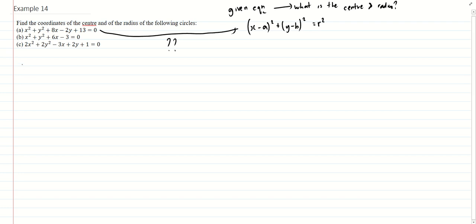So let's take a look at part A itself. We have x square plus y square plus 8x minus 2y plus 13 equals 0. So you realize that each of them is what we call a perfect square.